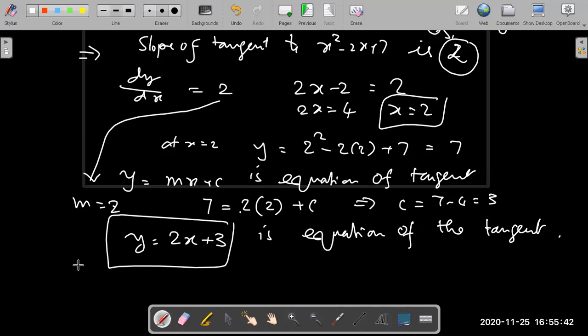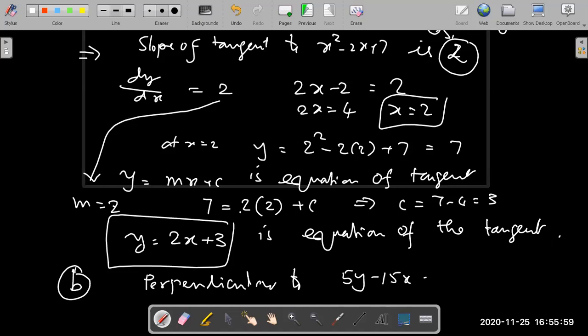Second part, B part, we need to find the equation of the tangent that is perpendicular to the line 5y minus 15x equal to 13.